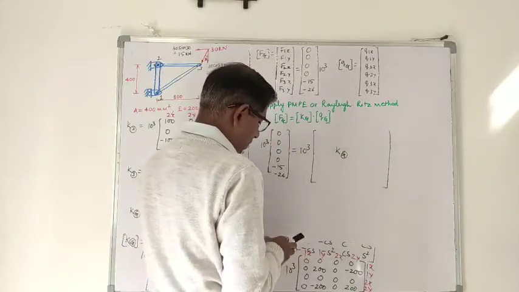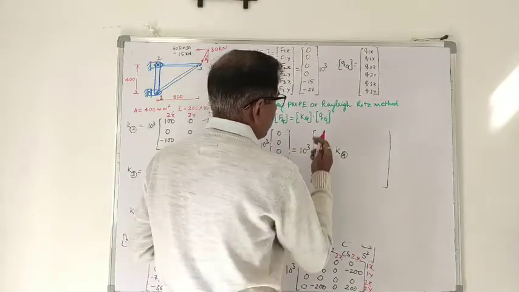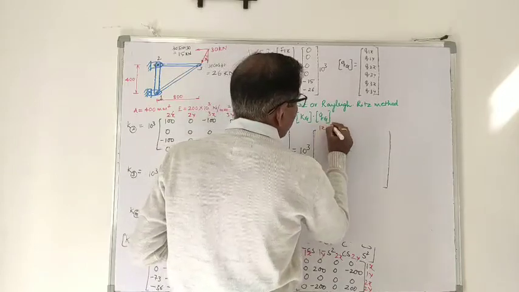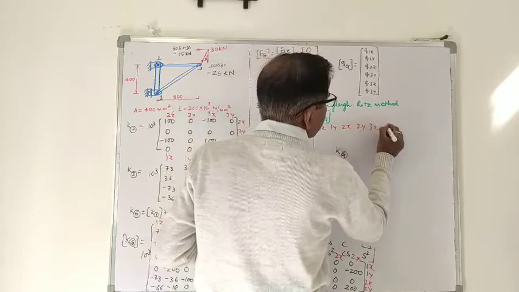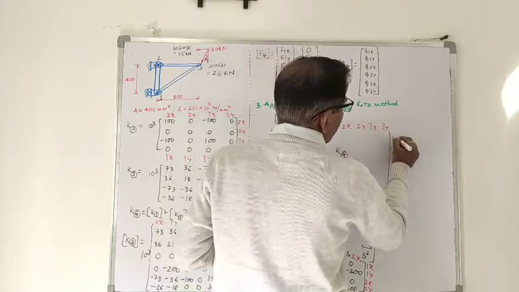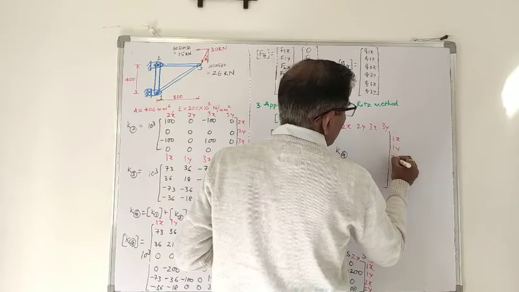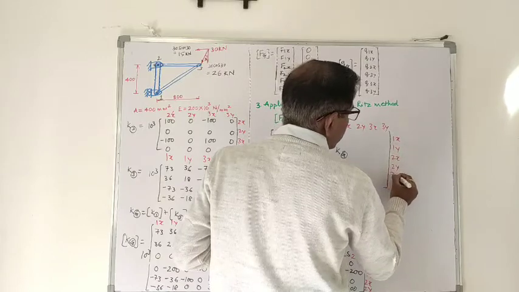The row and column numbers will be 1x, 1y, 2x, 2y, 3x, 3y.